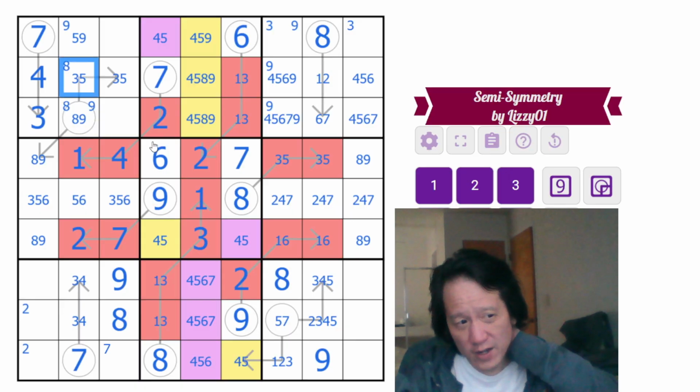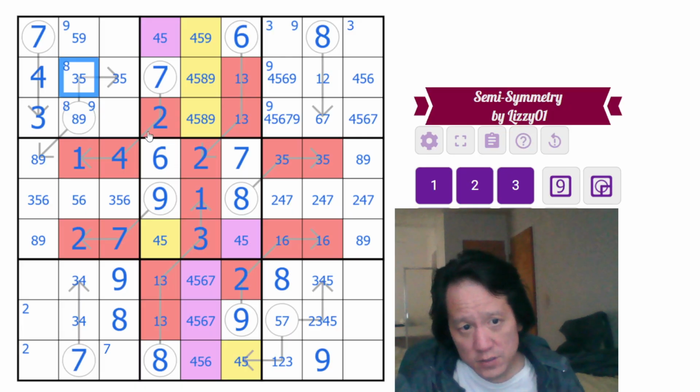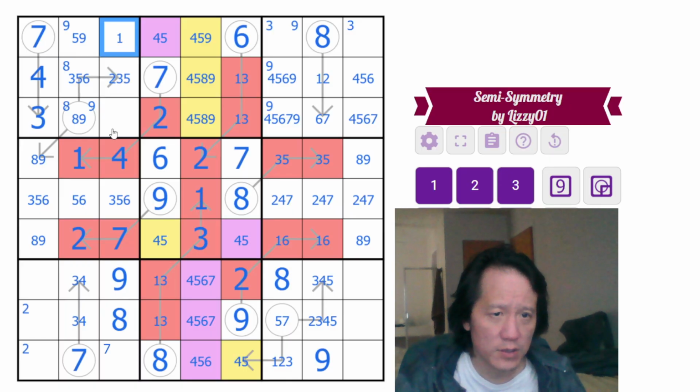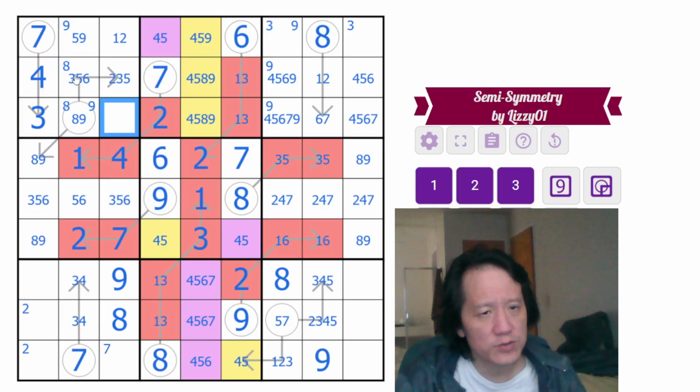It could be 5 or 6. So then this would be 1. It cannot be 5 or 6. It would have to be 6 and 2. This would have to be 1. This is 2 possibilities there, so for 1, 6.